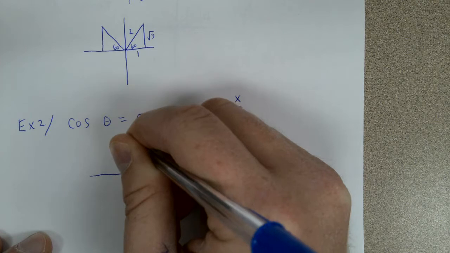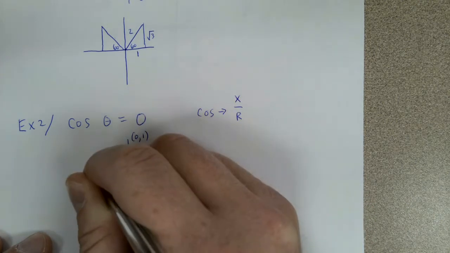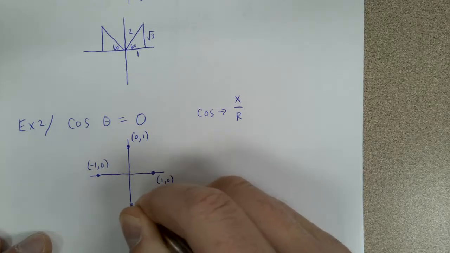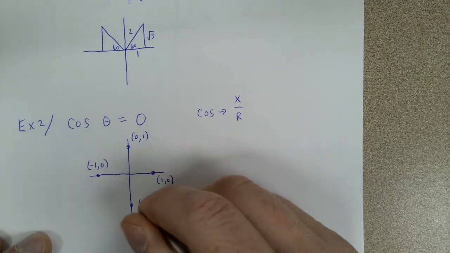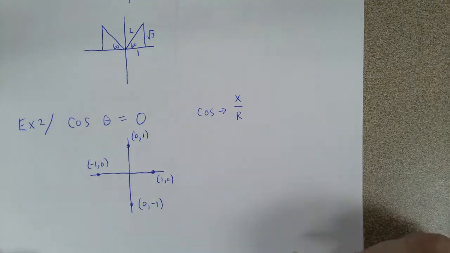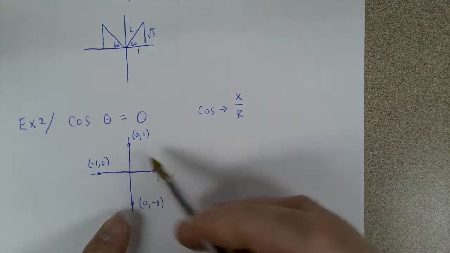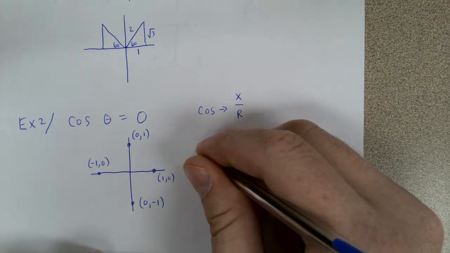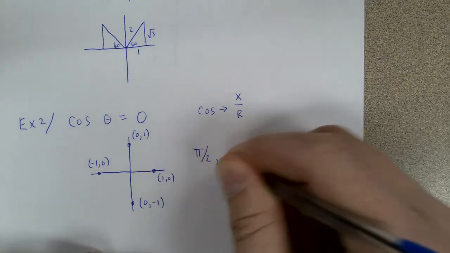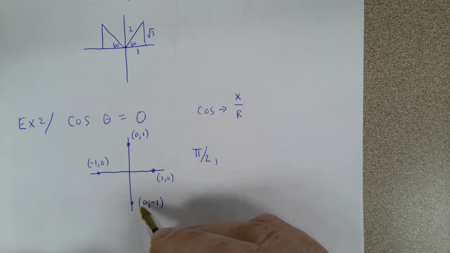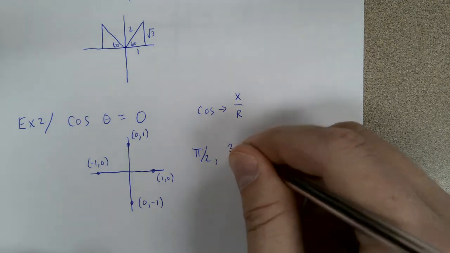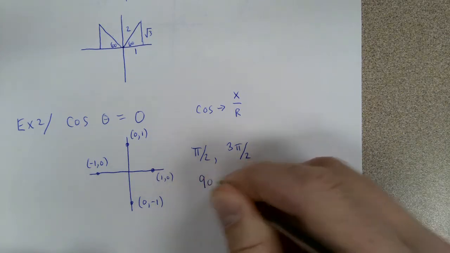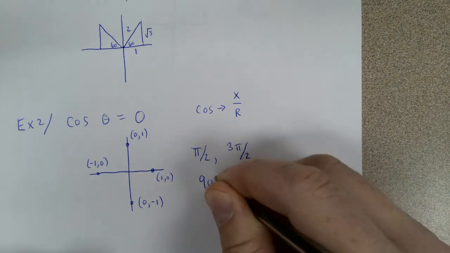Here I'm at 0, 1. Here I'm at -1, 0. And here I'm at 0, -1. My theta then is going to be 90, which is pi halves, and 270, which is 3 pi halves. Again, 90 and 270.